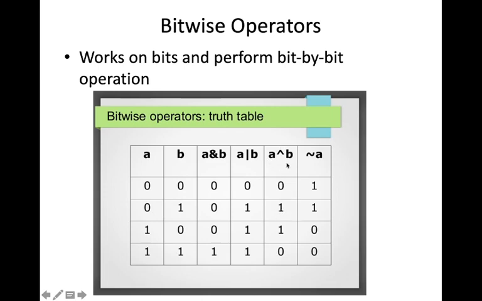So that is known as the XOR operator. If both are the same, it is 0; if they are different, it is 1. Then NOT is simple. If it is 0, it will be 1. If it is 1, it will be 0. So it is negation; it takes the opposite.